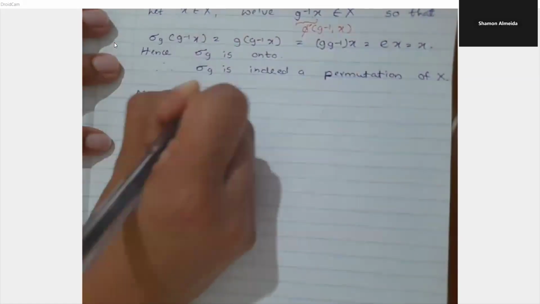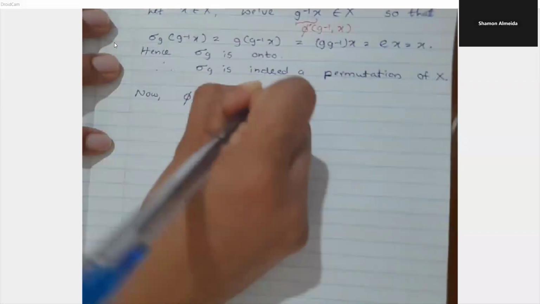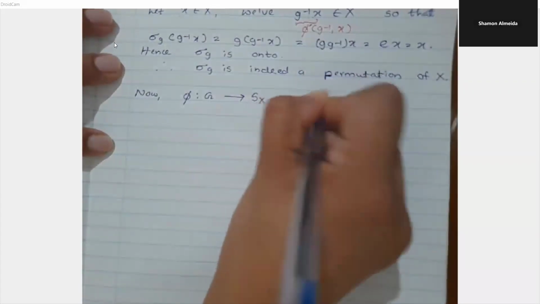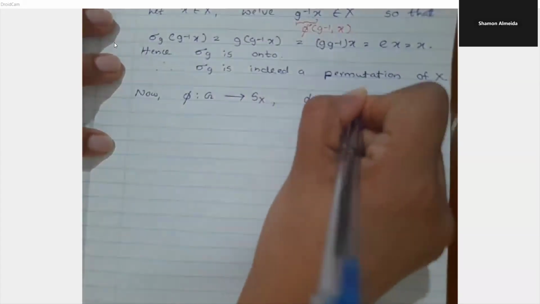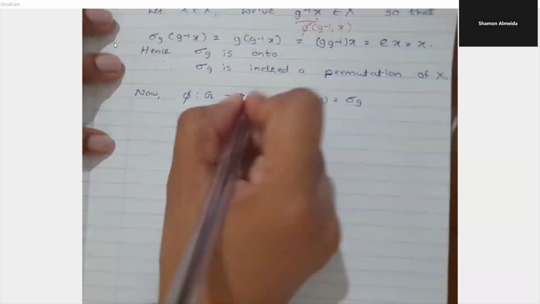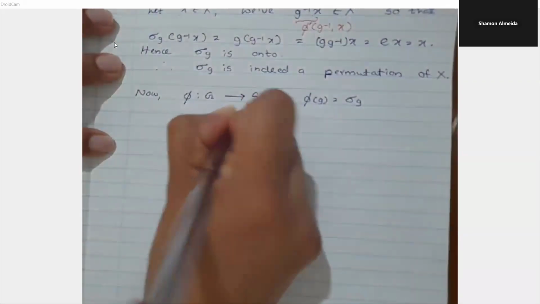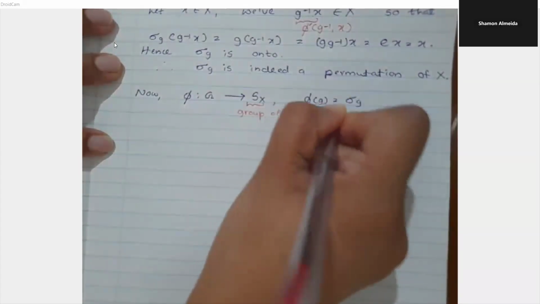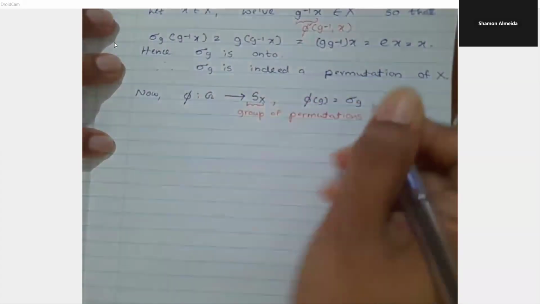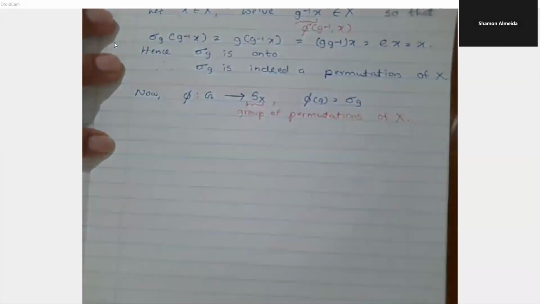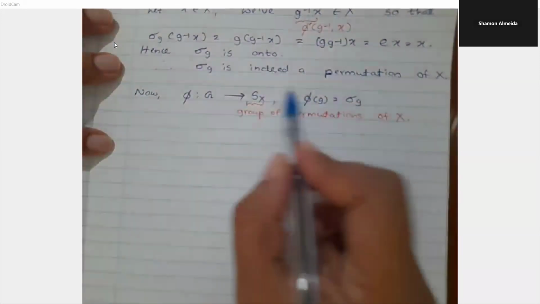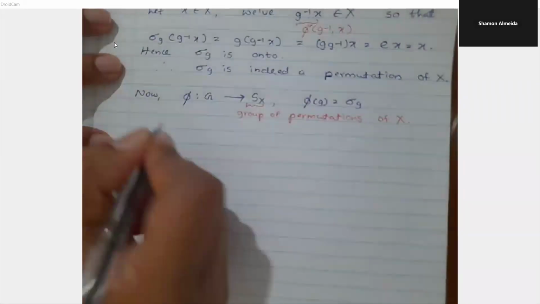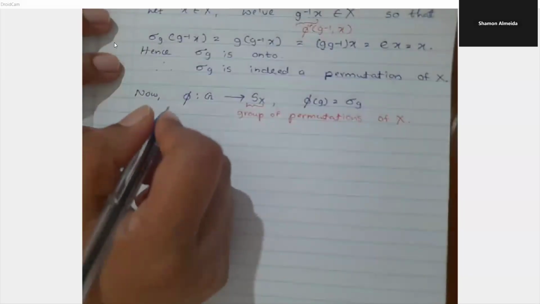We have phi from G to S_X, now this is the group of permutations of X. We have to show that this phi is a homomorphism, right? How do we prove that this is a homomorphism?